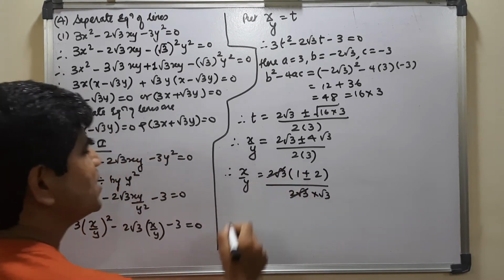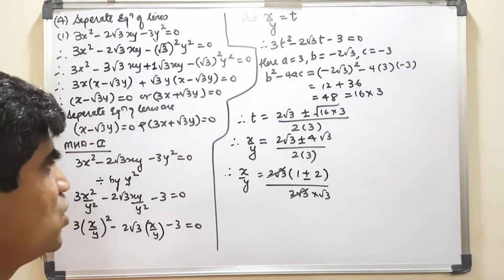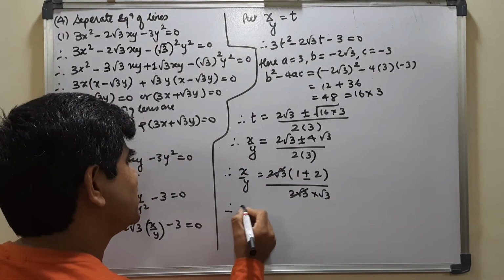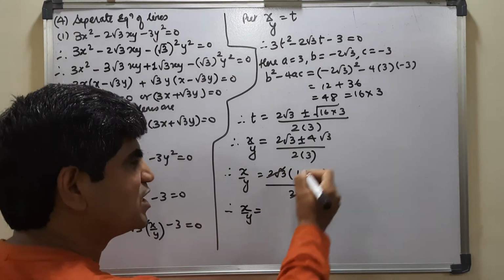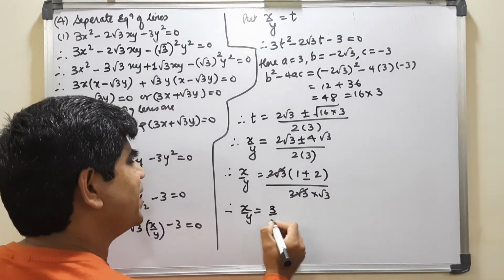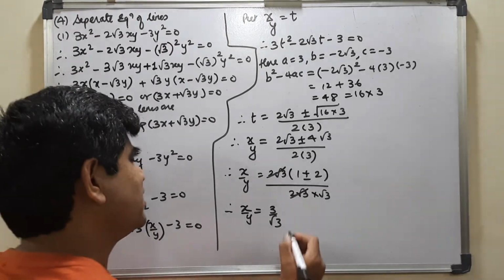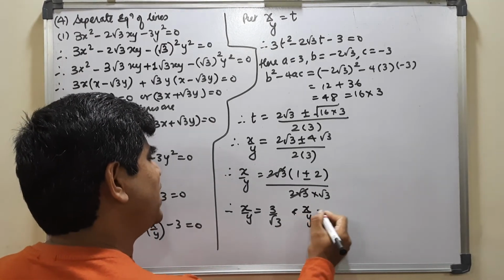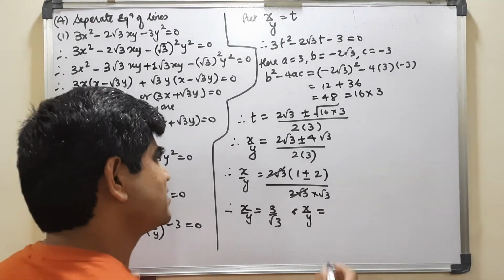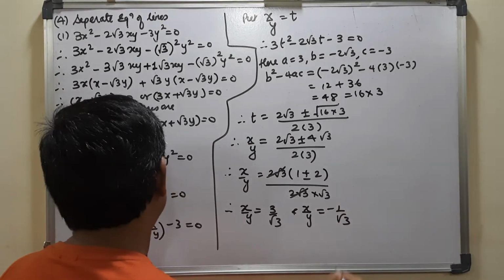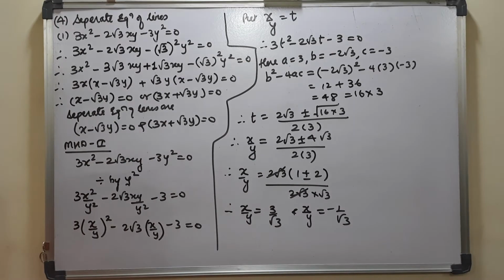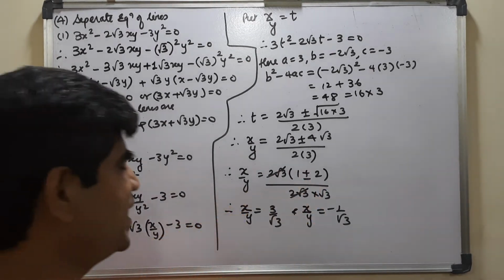So this divides off. What you get here is x by y, first plus, is 3 by root 3, and x by y is minus 1 by root 3. Agreed? Because 1 minus 2 is minus 1.